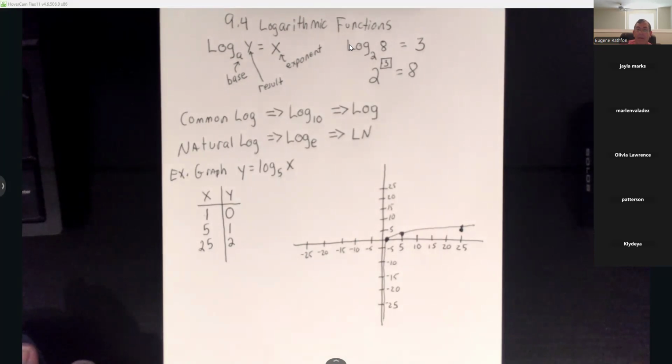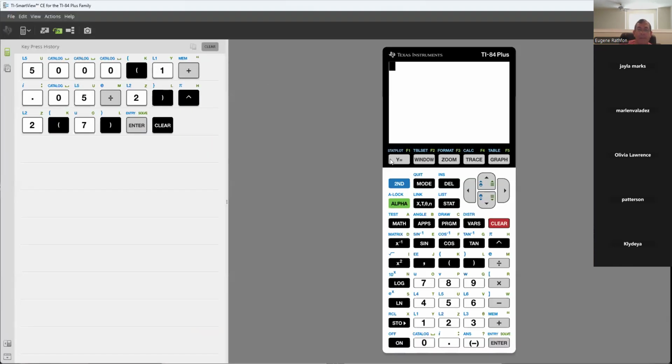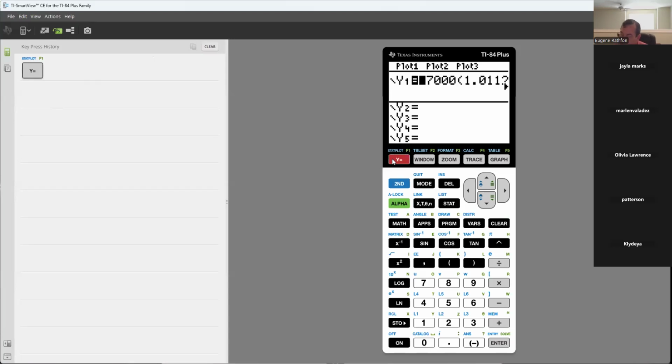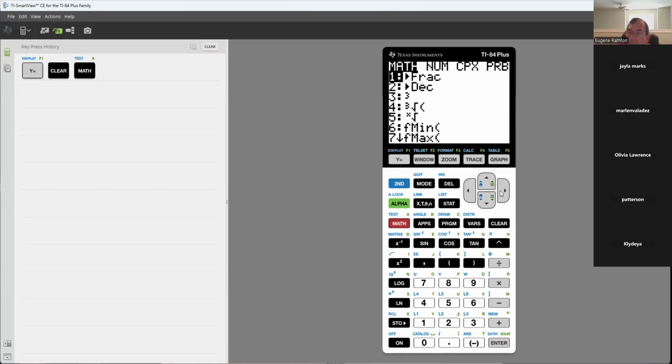All right, so let me clear everything off. Go to y equals. Now that was a log base 5. So y'all, let me show you how to get that log. You got a log on the front right here by the 7. But remember, the log without a number by it is a log base 10. Well, we had a log base 5. So to do that, you're going to hit the math button.